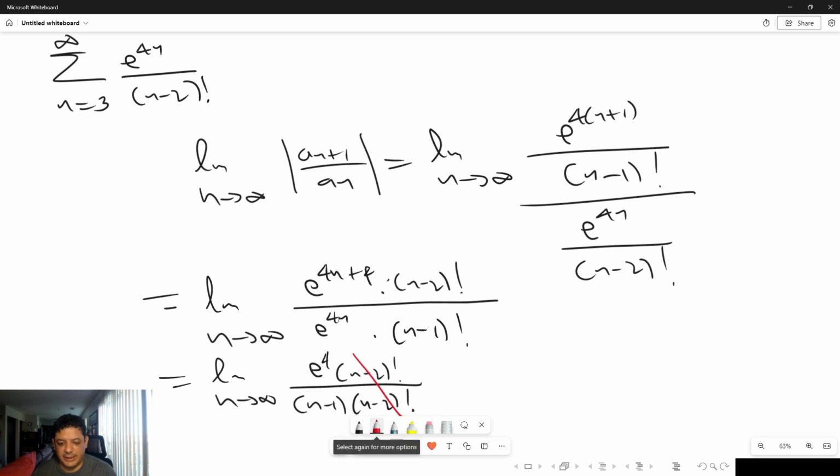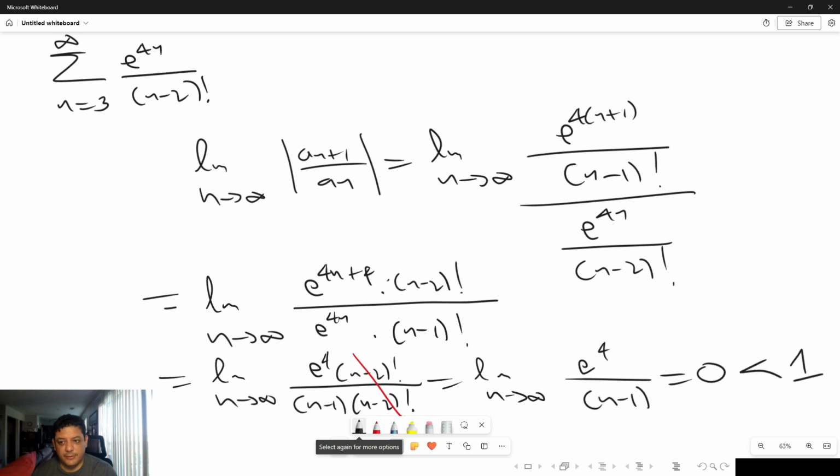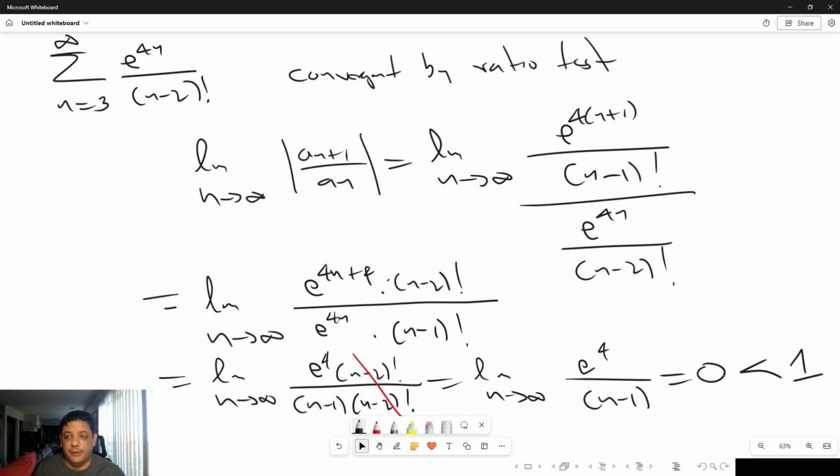So I can actually get this to cancel out. And this is going to be the limit when n goes to infinity of e to the 4 over n minus 1. This is a constant number, and this is going to infinity, so this is going to go to 0. And since this is less than 1, this is convergent by the ratio test. And so that concludes all the examples that I have for the ratio test.